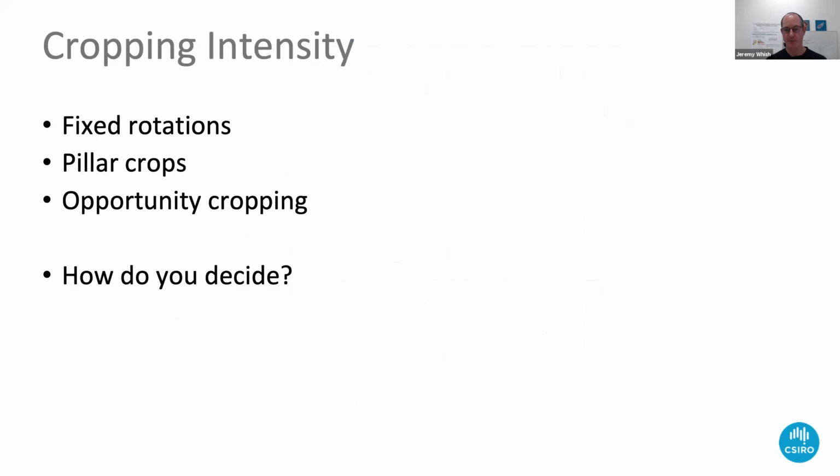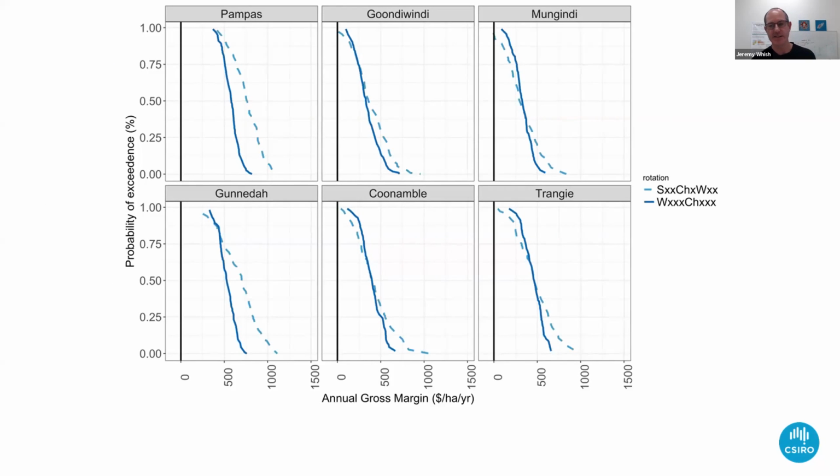If we intensify that by throwing in an extra crop, a sorghum crop, Pampas handles it well, so it just makes more money all the way up. But you start to see in Gundawindi and certainly in Mungandai that having an extra crop in is starting to cost.